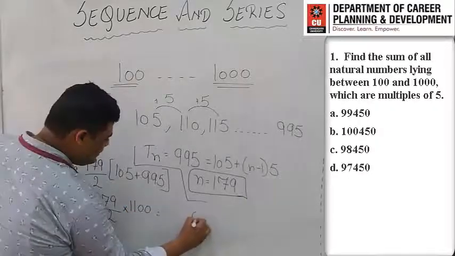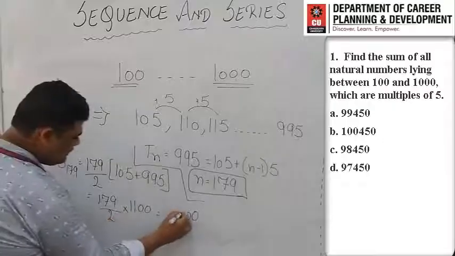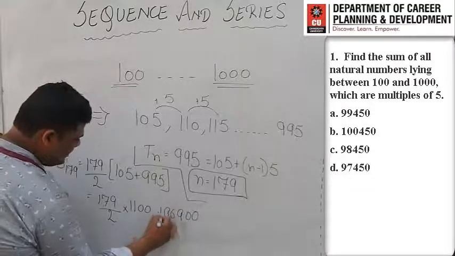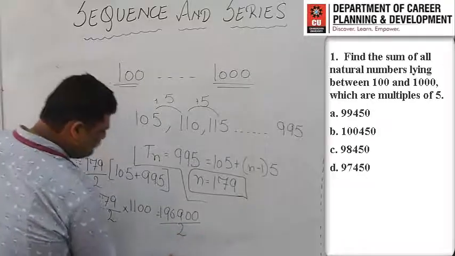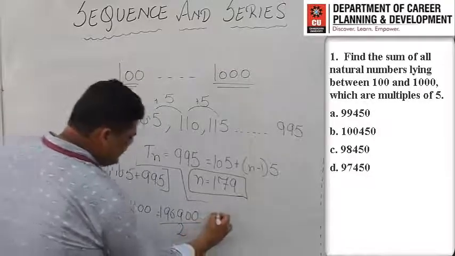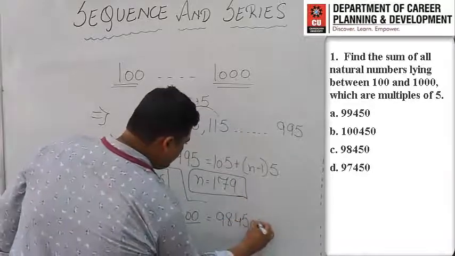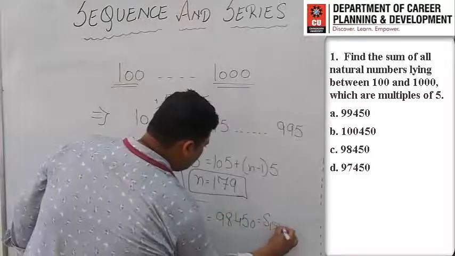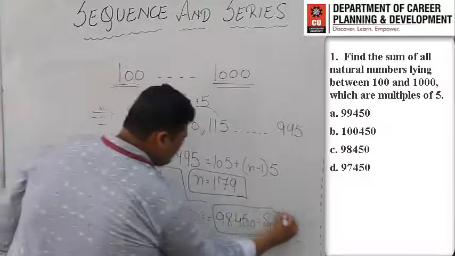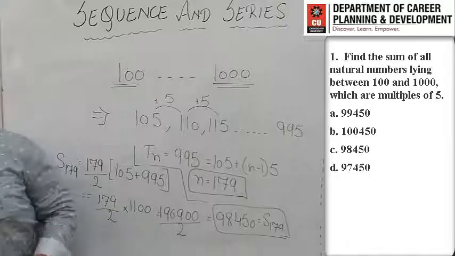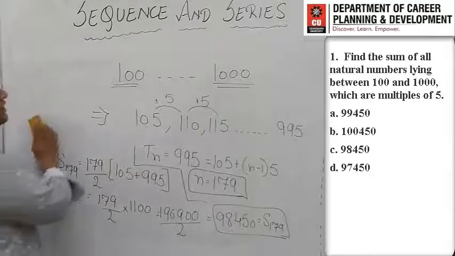This value is coming out to be 98450. So the total sum will be 98450. This will be your final answer for this question.